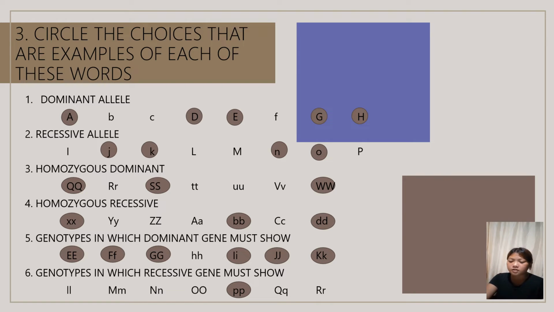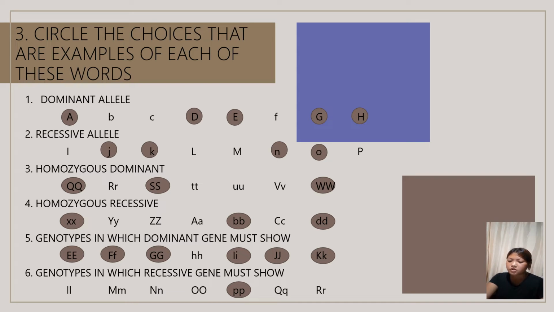All of the capital letters in the choices are dominant alleles, which are A, D, E, G, and H. Recessive allele is the opposite of the dominant allele, which is the small letters in the choices, which are J, K, N, and O. The homozygous dominant is also the capital letters, which are the double Q, double S, and double W. The homozygous recessive is a combination of small letters, which are X, B, and D.